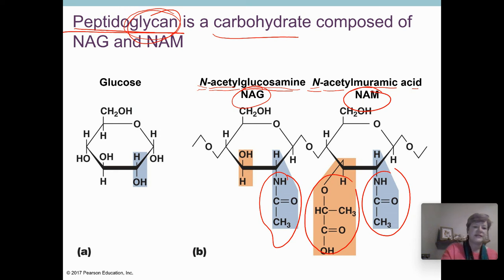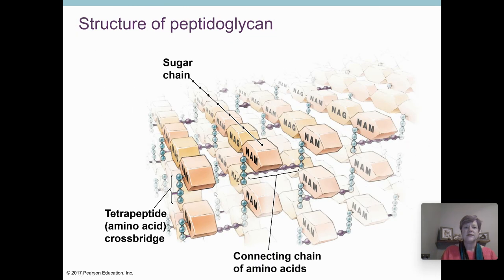So you have these strands of NAG and NAM connected together. Like here in this picture, they just have one NAG connected to one NAM, but then there'd be another NAG and then another NAM. And this chain can go on and on and on. And then once you have one chain, imagine lots of chains stacked up together. And you start to get a sense of how the cell wall is constructed. So in this picture, the NAG and NAM are kind of coming at you in three-dimensional space. And you can see here's one strand, here's one strand.